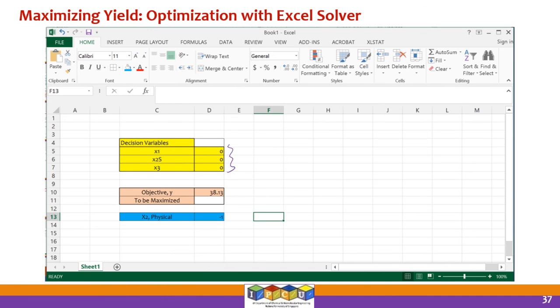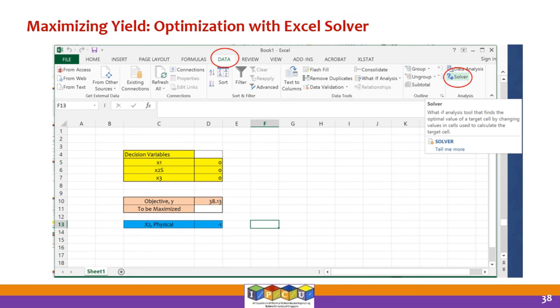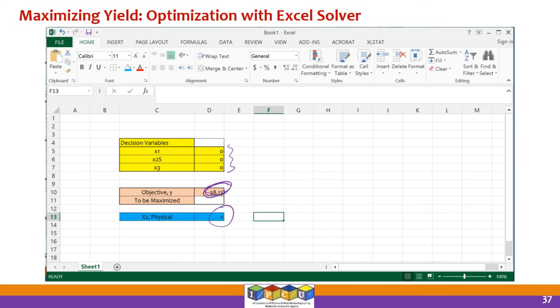Basically, these are the three decision variables, this is the model equation in terms of x1, x2s, and x3. And this is the relationship between the actual physical value of x2 and the value of x2s. All right. So on this cell, I have to type out this formula.